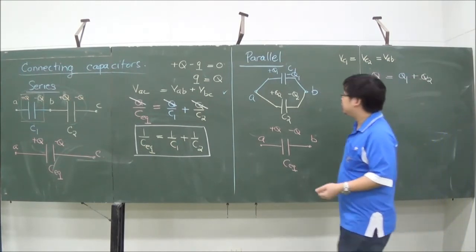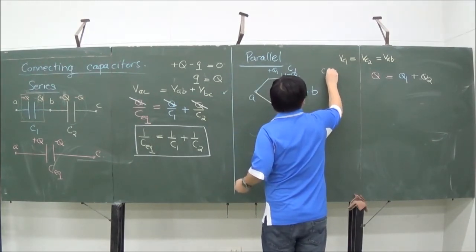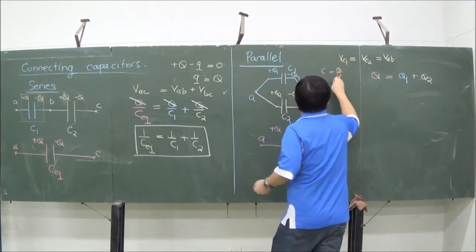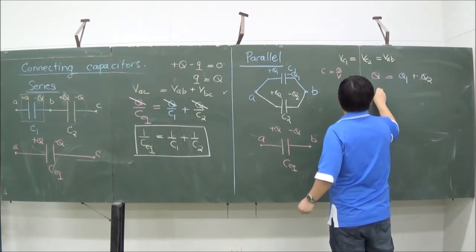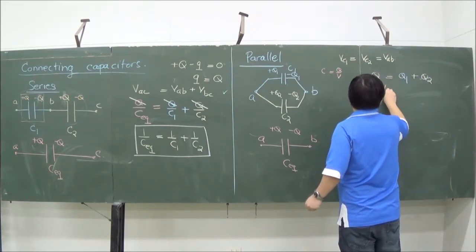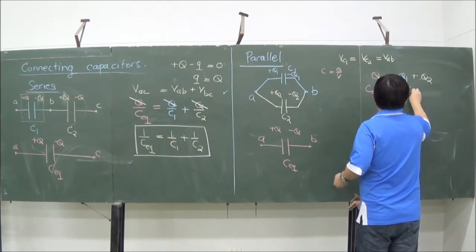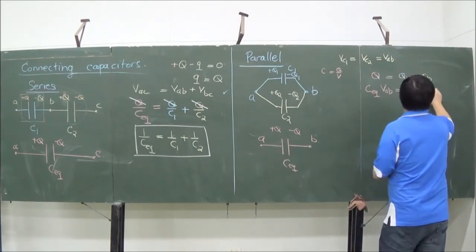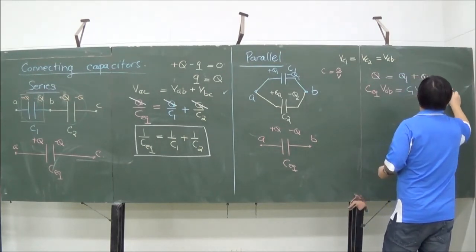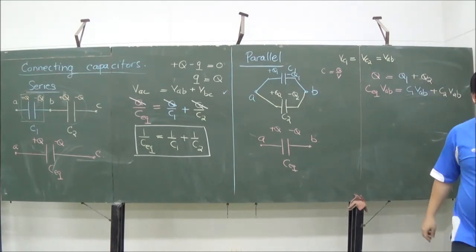And you see that from the definition of capacitance, C equals Q over V, so Q is C times V. We've got the equivalent capacitance times VAB equal to C1 times VAB plus C2 times VAB.